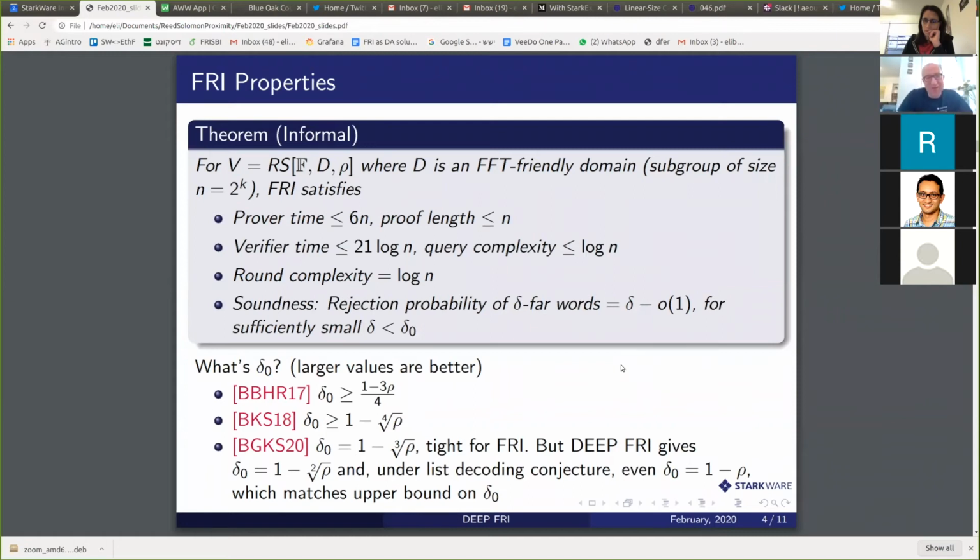The answer is, the tightness for FRI refers to the case where the field is all of the evaluation domain. If you go to quadratic size fields, what we prove in the new paper is that FRI goes up to 1 minus square root of rho.